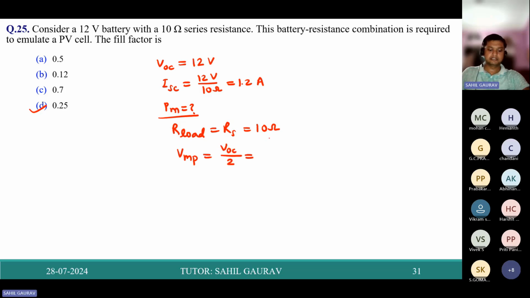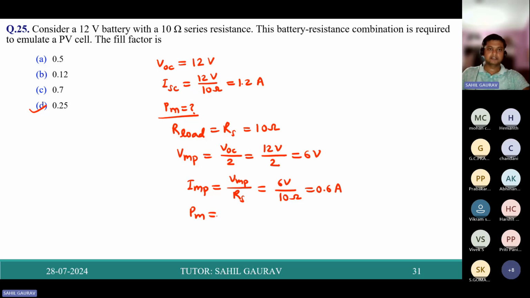So it is 12 volt upon 2, which is 6 volt. And current at this point will be VMP upon RS, so 6 volt upon 10 ohm, it is 0.6 amperes.